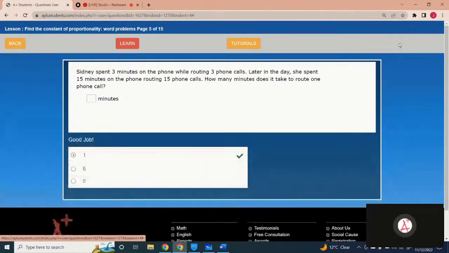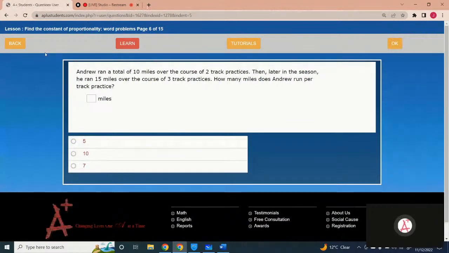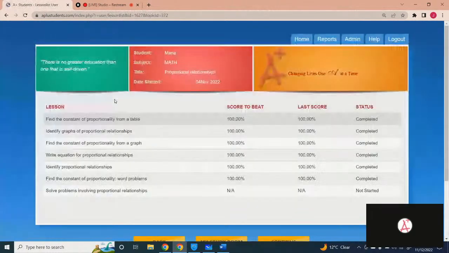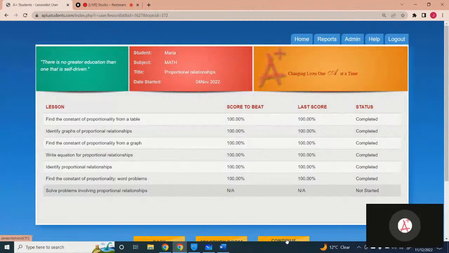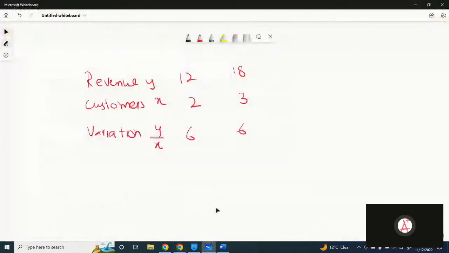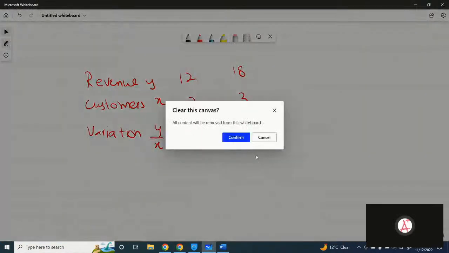Okay. You can complete the test by yourself later today. Let me just move on to the next topic. Okay, the next topic is solve problems involving proportional relationships. Let me write down the lesson name, then we'll start with the examples.